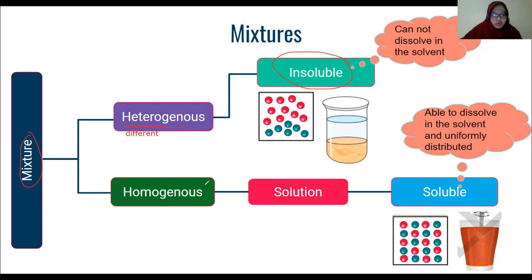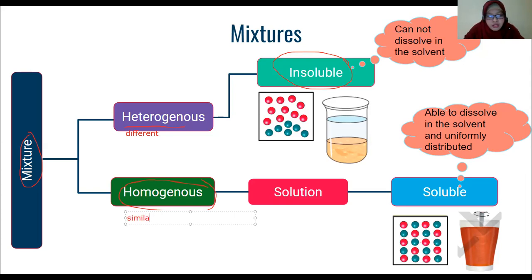And what about homogeneous? You cannot find this heterogeneous and homogeneous in your vocabulary in your learner's book because it is from me. But to differentiate between insoluble and soluble solid, I make this kind of diagram.